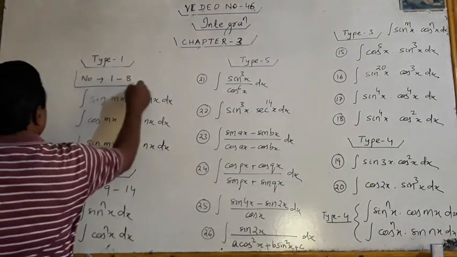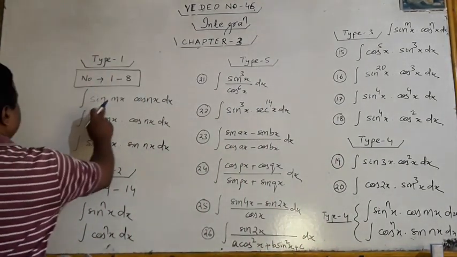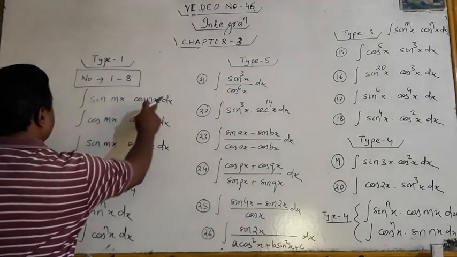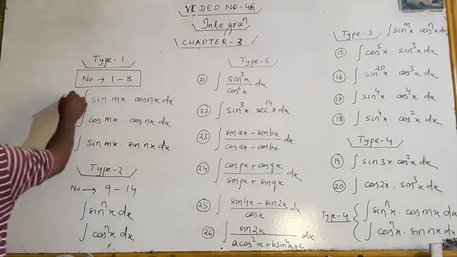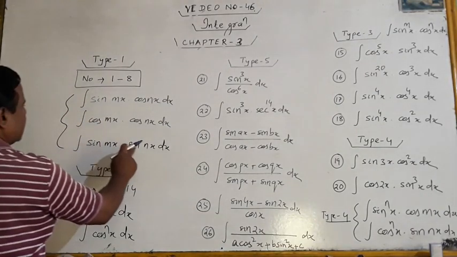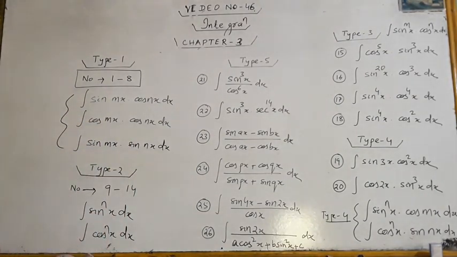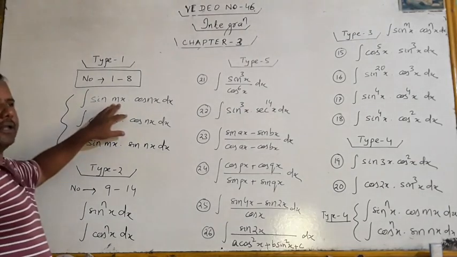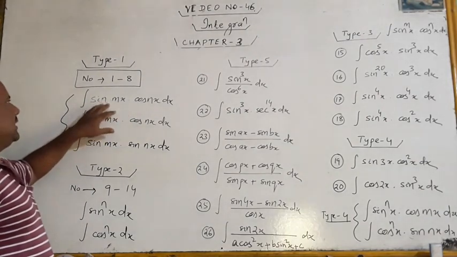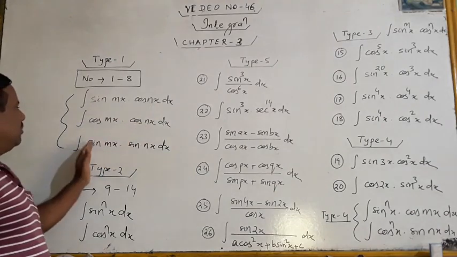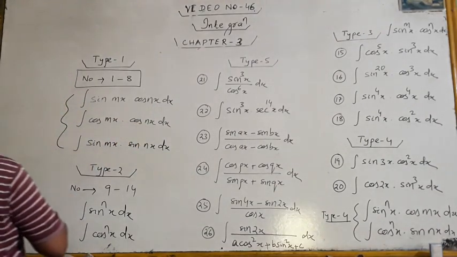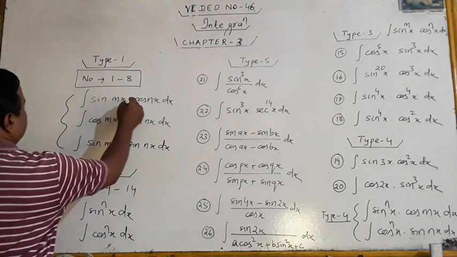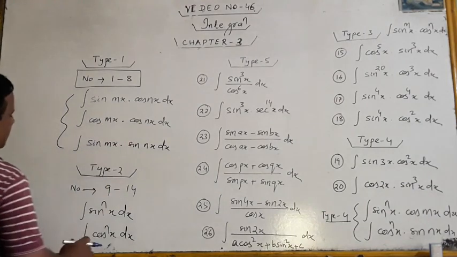Those are the problems of type sin mx cos nx, cos mx cos nx, sin mx sin nx. Means one sine, here not power, here it is angle. Sin cos, both sine. It is type 1. It is in the product, and you know how you have to convert the product to addition form.